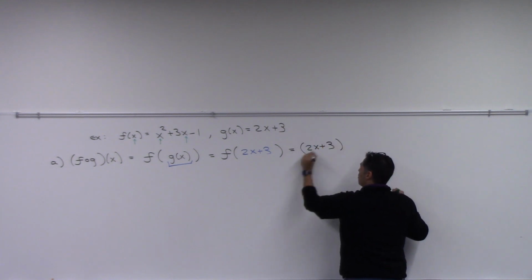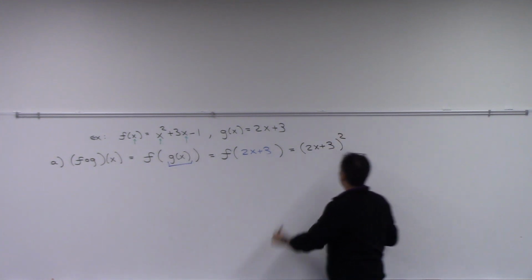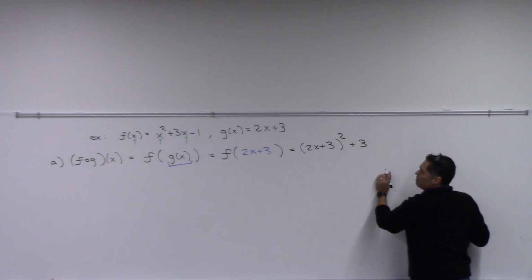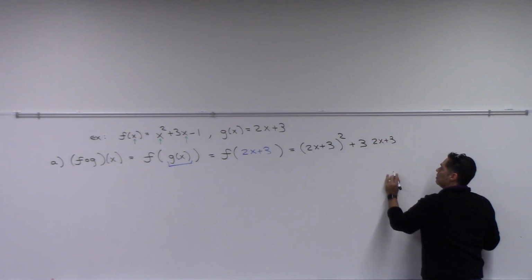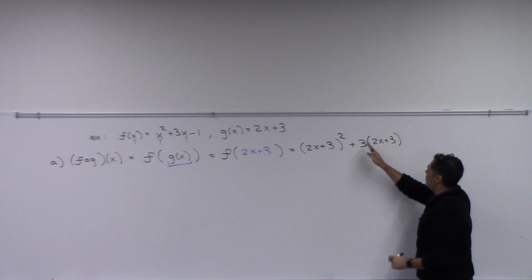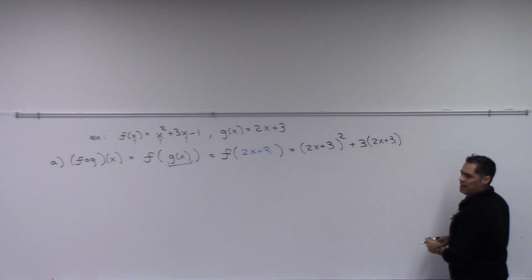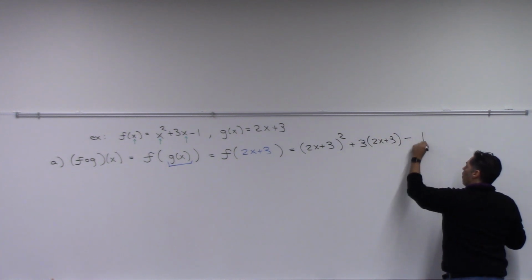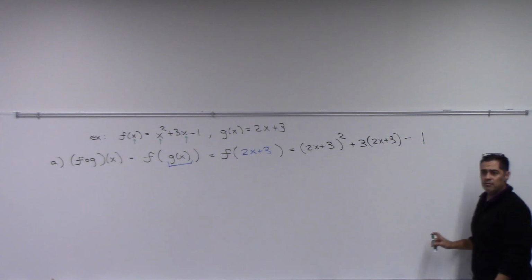Squared. I need it in parentheses, squared. Okay, that's the first part. Plus 3 times 2x plus 3. Should I put that in parentheses? Yes, because that 3 multiplies, right? This is like x squared plus 3x, right? Minus 1. Do y'all see it all?